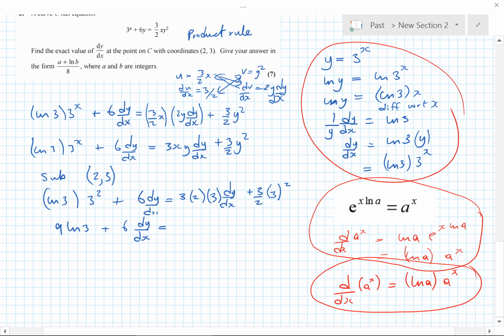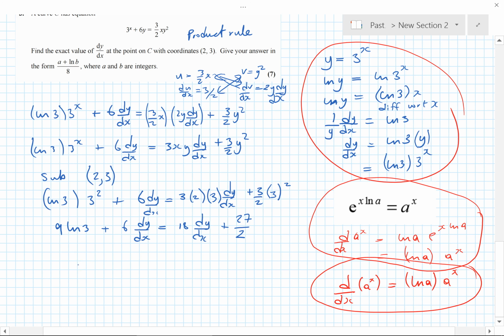So that's 6 dy by dx, 18 dy by dx, plus, and this is going to be 9 times 27 over 2. Okay, so at this stage we can write in terms of dy by dx. I might be inclined to times by 2, or maybe not.